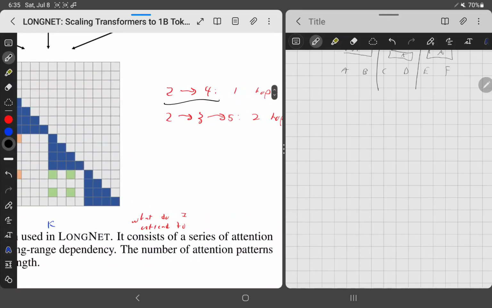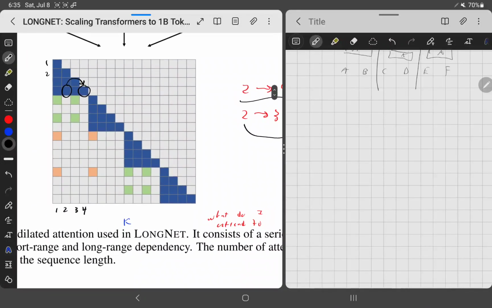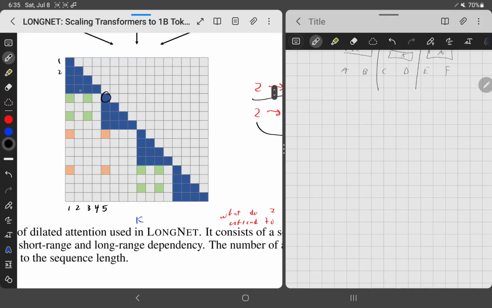But say we want to go from token 2 to token 5, right here. Notice how token 2 cannot directly attend to token 5. However, token 2 can attend to token 3, and then token 3 can attend to token 5, so that's 2 hops.